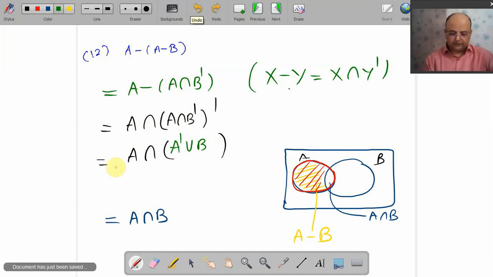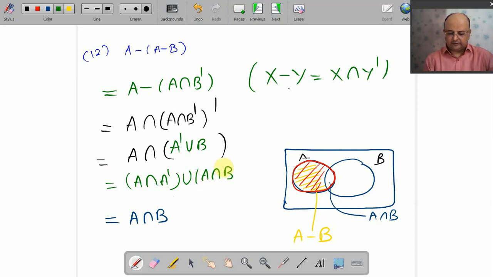B. So now I go for it. Should I repeat? No. Fine. What is this? A intersection A dash union A intersection B. What is A intersection A dash? It is phi. Phi union any set is the same set. But if you have visualized that set in the very beginning, that A minus B, from this A I remove A minus B, so I am left with only A intersection B.